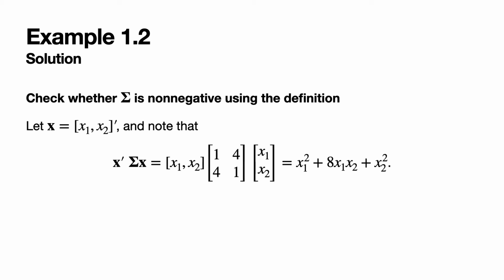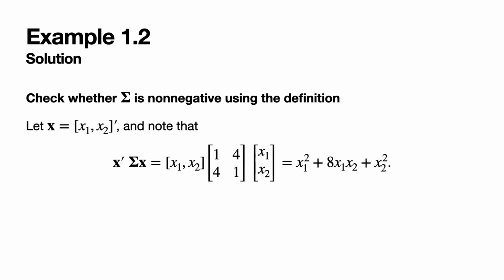Note that the quadratic form x prime times cap sigma times x, when we do that calculation, turns out to be equal to x1 squared plus 8 times x1 times x2 plus x2 squared. And so the question is, is cap sigma non-negative? Well, we already know that it's not. We know that it's not positive definite, nor is it positive semi-definite, and so it cannot be non-negative.